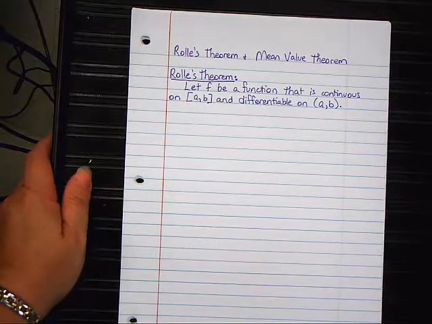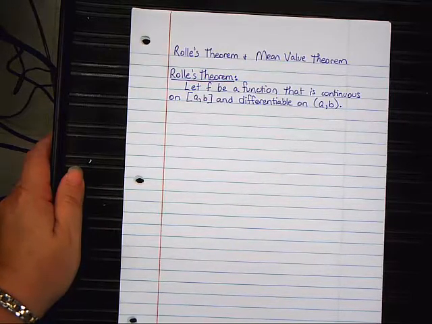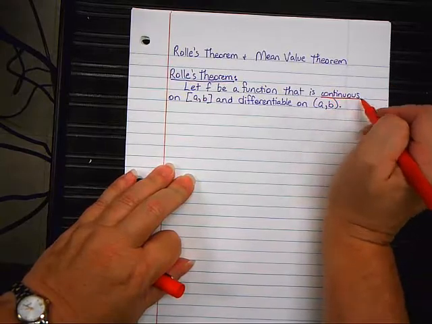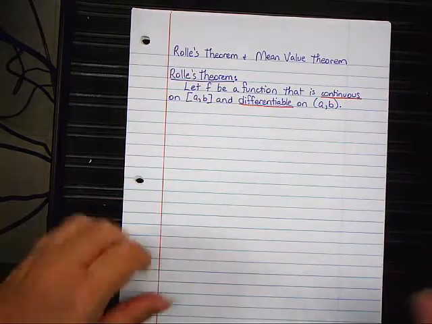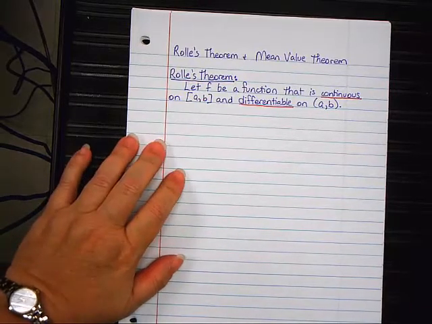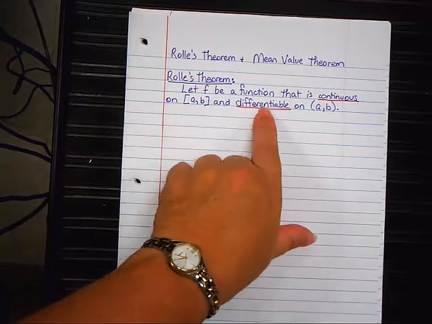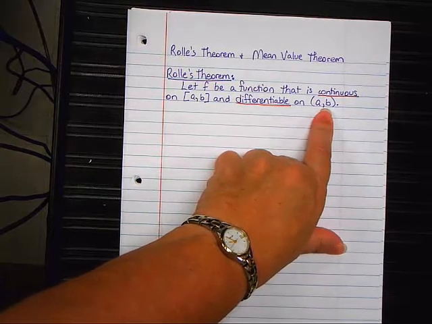What does differentiable mean again? You can take the derivative. So these two criteria, continuous and differentiable, are very important. Please underline them in the theorem, because as you do these problems, you have to check and make sure that the function fits both of those. That it is continuous on the closed interval, no holes, no asymptotes, etc. And that it's differentiable, or it has a derivative, on the open interval.